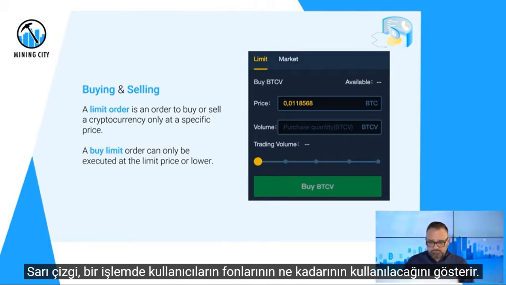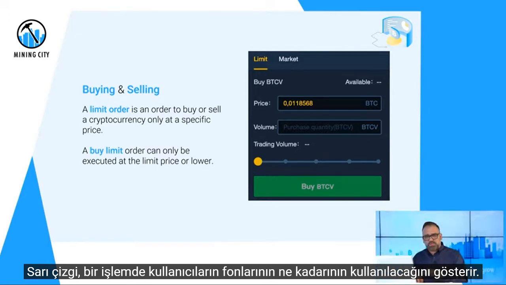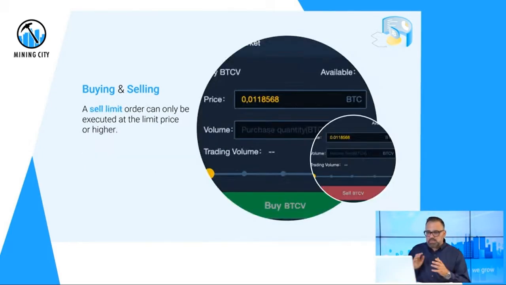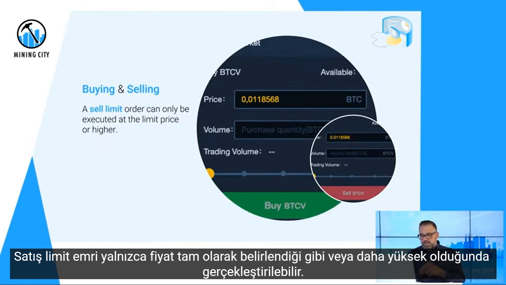The yellow line indicates how much of users' funds will be used in a trade. Users can use 25, 50, 75 or 100% or anything in between. A sell limit order can only be executed when the price is exactly as set or higher.